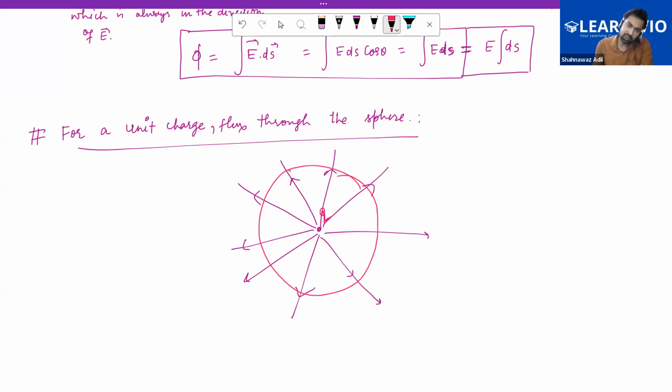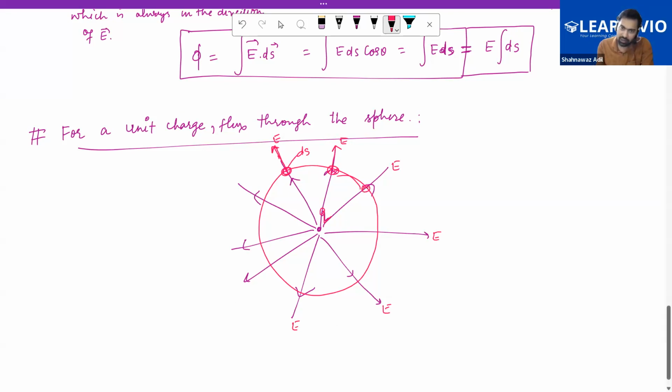So again, the electric field is passing like this. This is the electric field. I will take a small area dS, and its normal would be in the same direction. I will again take a small area dS, and its normal is again in the same direction. So this is dS, and this is the electric field, this is the electric field, this is the electric field, right?